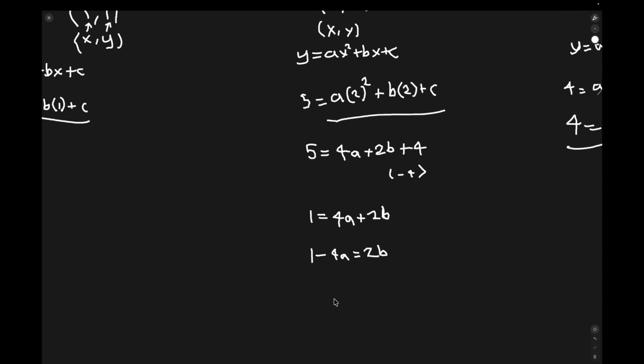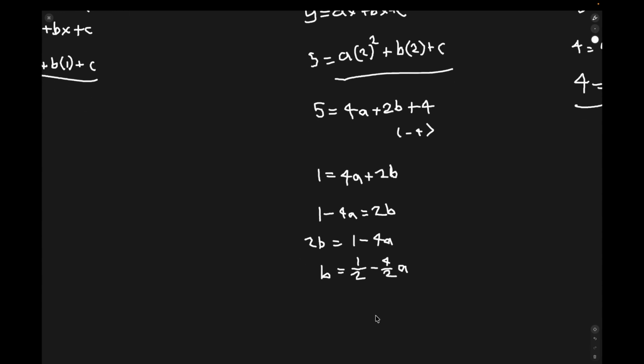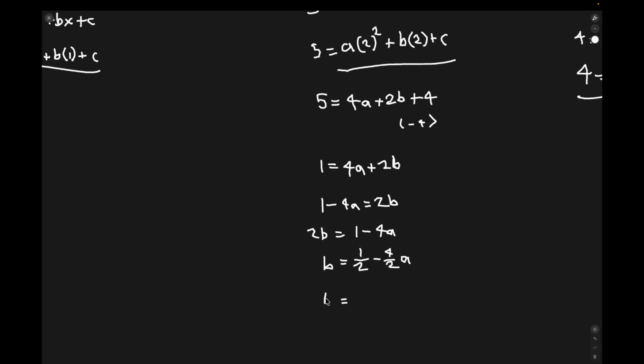So 2b is equal to 1 minus 4a, and our b is just going to be equal to 1 on 2 minus 4 on 2a, which is equal to a half minus 4 on 2, which simplifies to 2a.